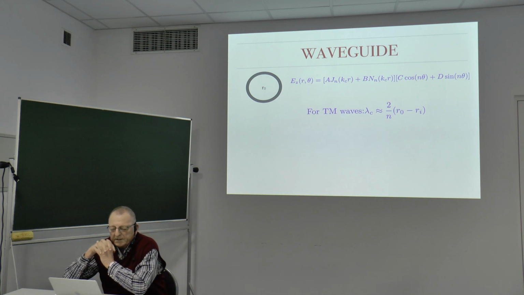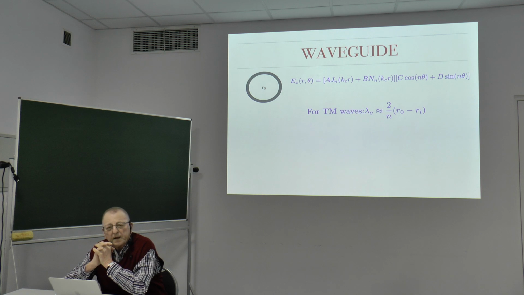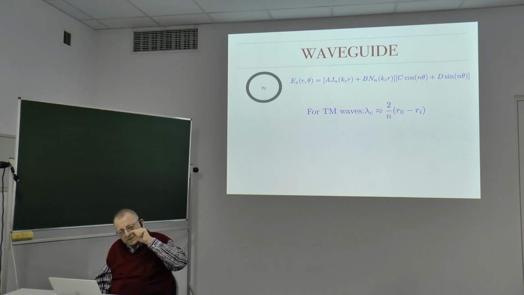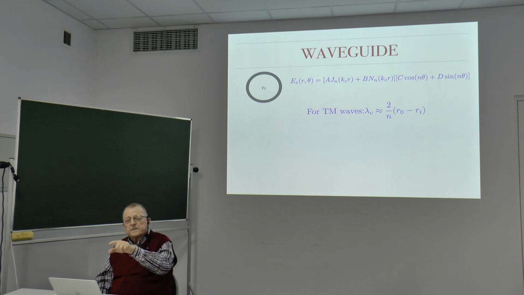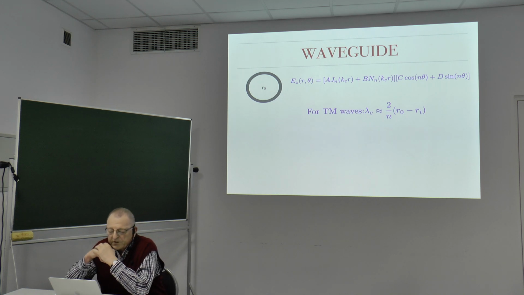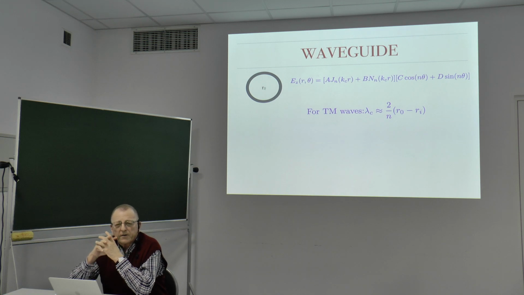If I had a circular waveguide, it is obvious that I should use cylindrical coordinates. So I have a radial and polar coordinate and the z direction. And the solution for the field is given as a combination of special functions. There are these Bessel functions and Neumann functions.